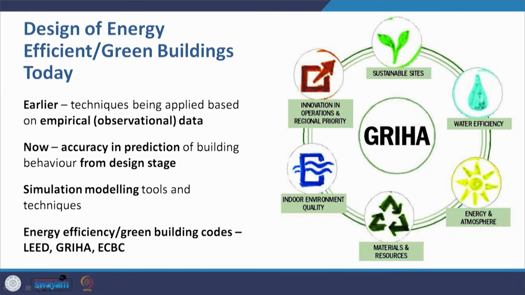It is not some kind of random hit and trial based on some traditional model, but a traditional model adapted to a modern building with a proper, sound energy analysis. The building once erected will behave in a certain manner that has already been mathematically predicted. Therefore, we have also got energy efficiency and green building codes like LEED, GRIHA, the Energy Conservation Building Code, etc.